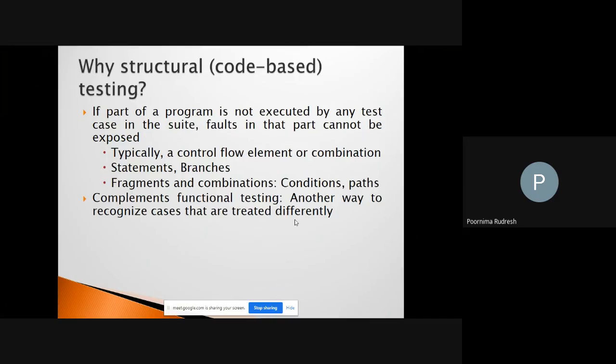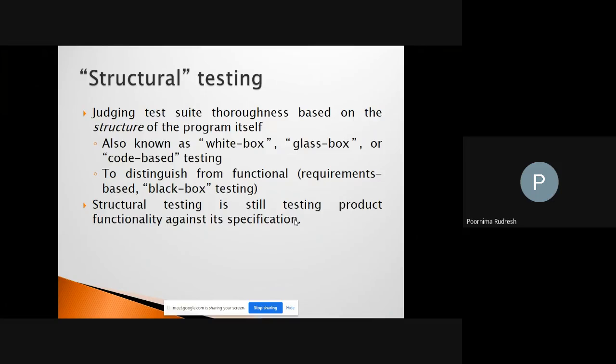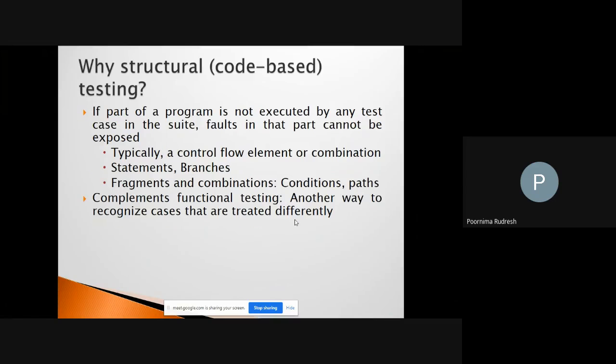Why are we going for code based or structural testing? Because when we are executing the program, if a part of the program is not executed by any of the test cases present in the test suite, then the faults cannot be identified. Understood?